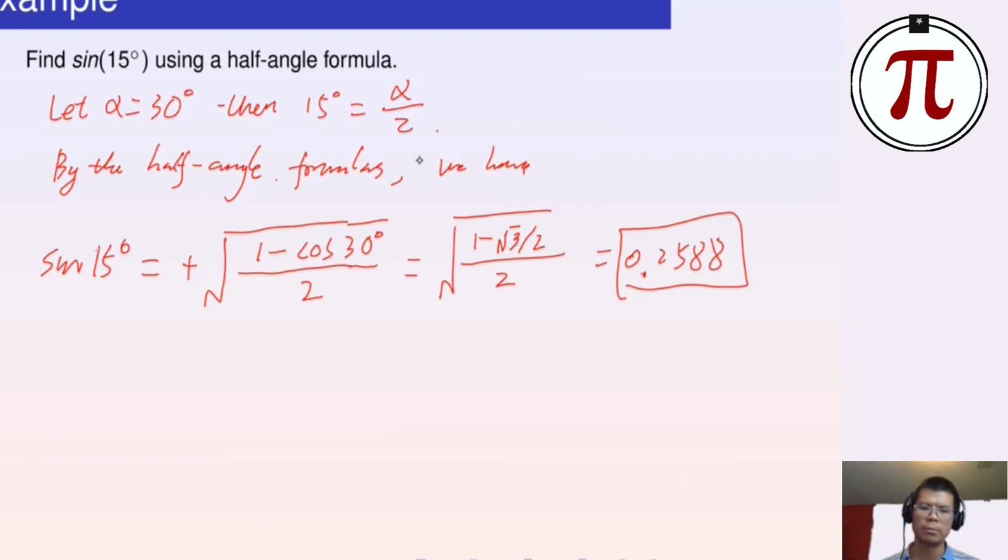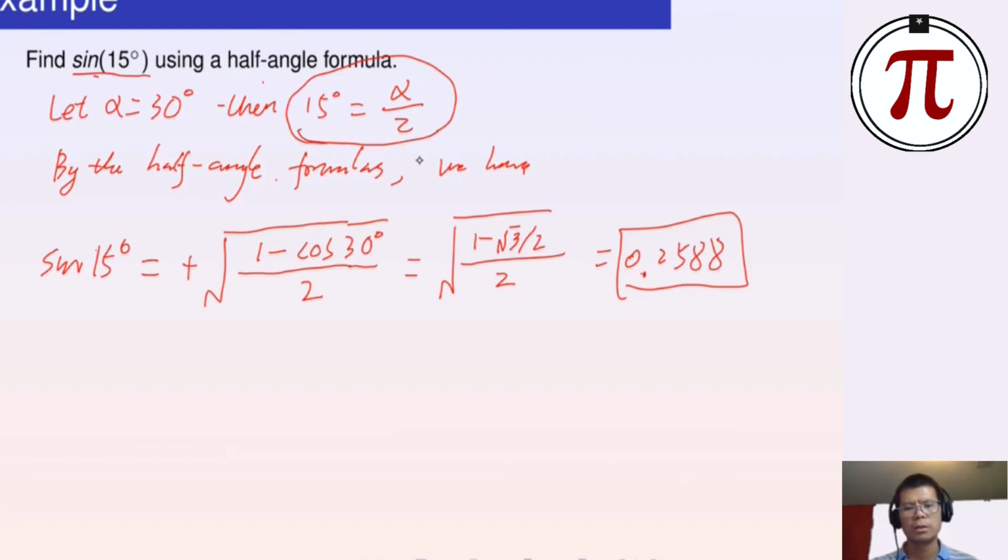I have a question. Where did we get 30 degrees? Well, we want to find sine 15. If we want to use the half angle formula, that means alpha over 2 is 15.